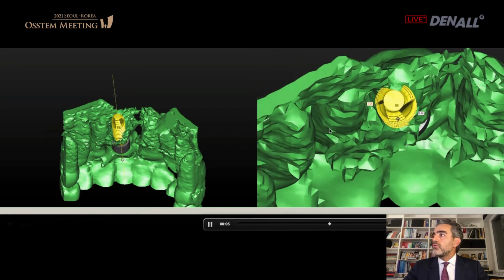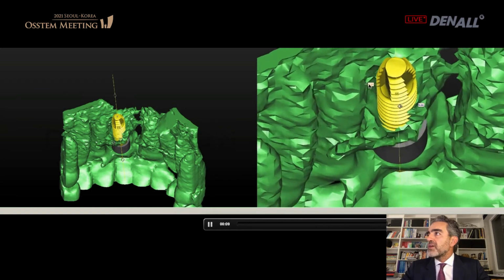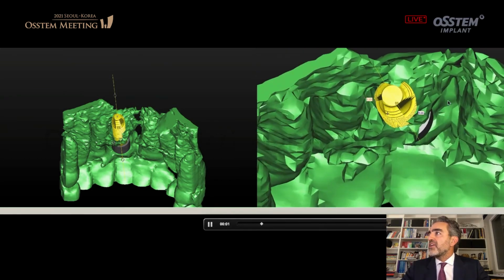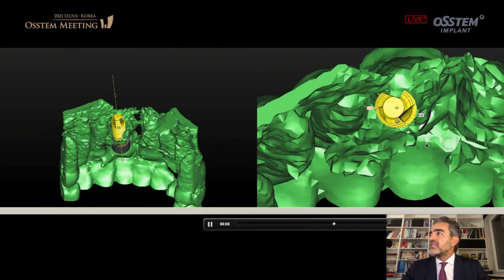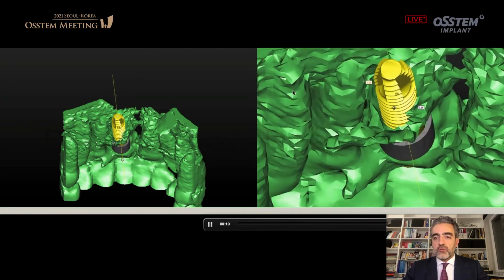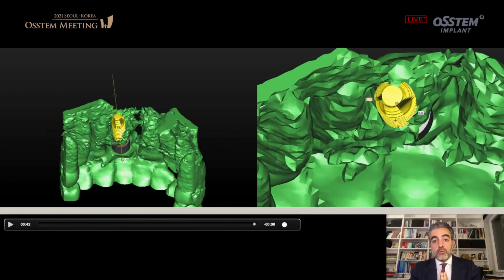So here is the root, and we are just 1 millimeter from the apex of number 22. And over here we have this huge hole, which is the incisive canal on the palate, in the center of the palate. So digital technology helps us with treatment planning.